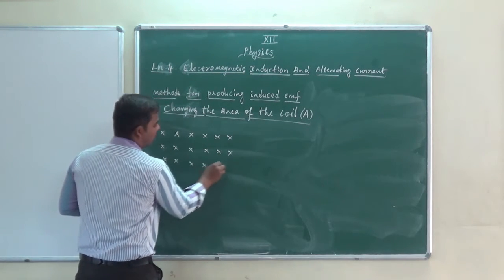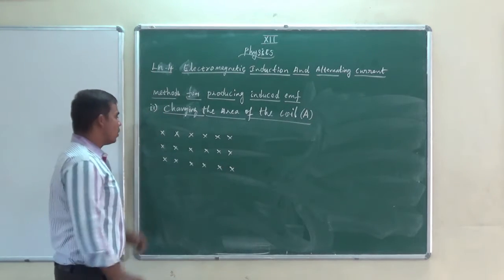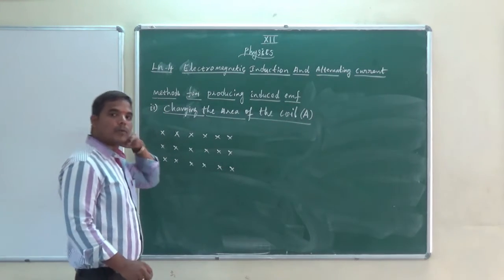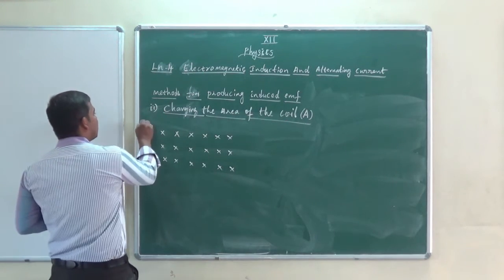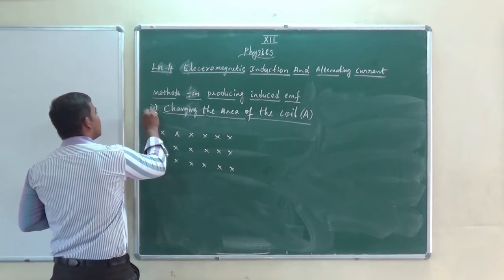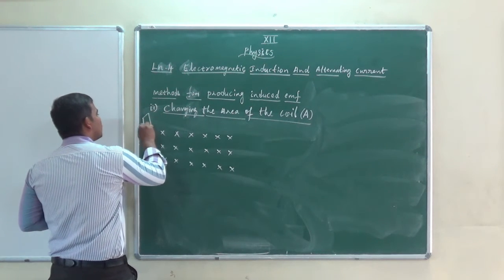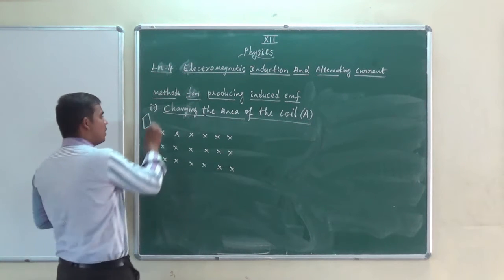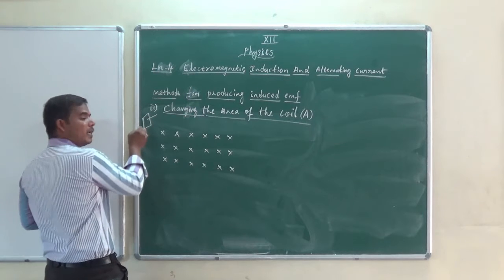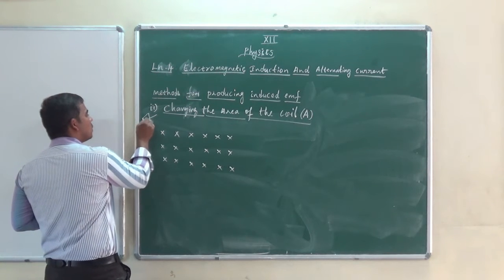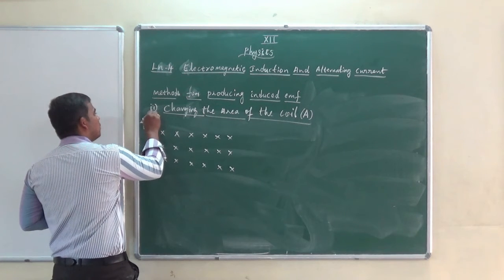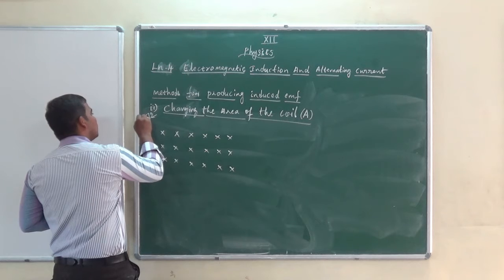So I will show the diagram. This is the paper where the magnetic field enters and comes out. B indicates the magnetic field.